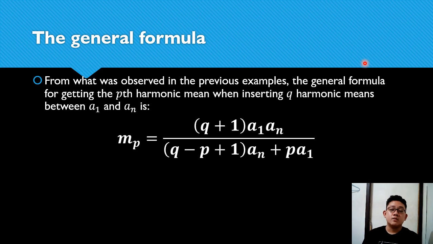M sub p is equal to the product of quantity q plus 1 times a sub 1, a sub n, I know that sounded quite redundant, all over quantity q minus p plus 1 times a sub n plus p a sub 1. Quod erat demonstrandum, or end of the proof.